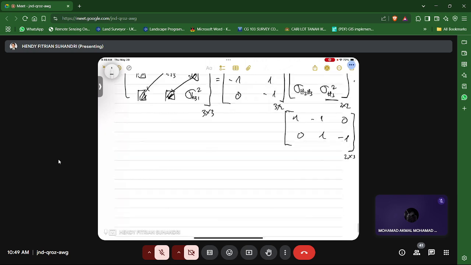Another example, let me show you. If we go back to the slide, you will see the slide of lecture 5, error propagation in angle and distance. There are some equations there if you open it.